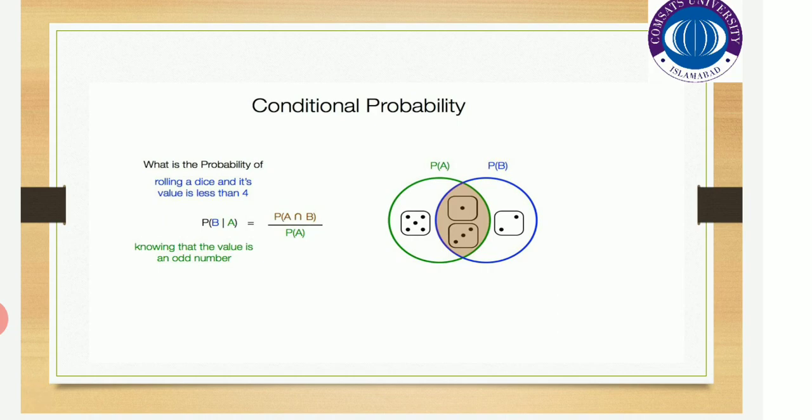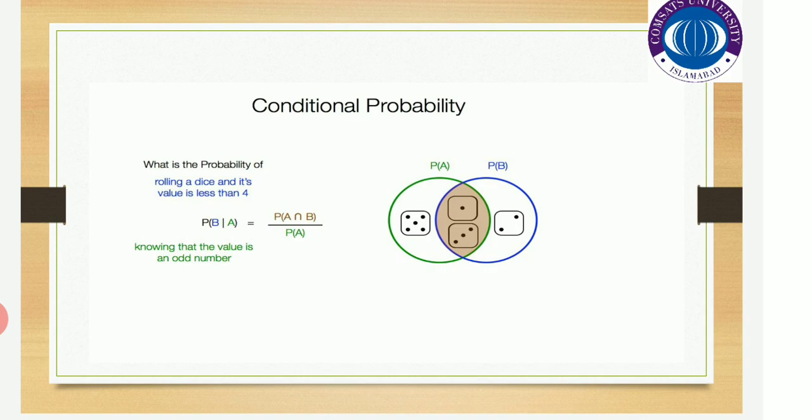Now what's happening here? What is the probability of rolling a die? It means a die is rolling here in the experiment. And what it's asking is that its value is less than 4. But something is here in green lines. Knowing that the value is an odd number, it means some information has already come.